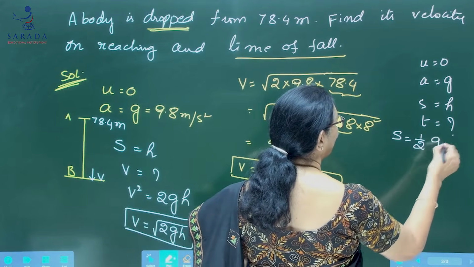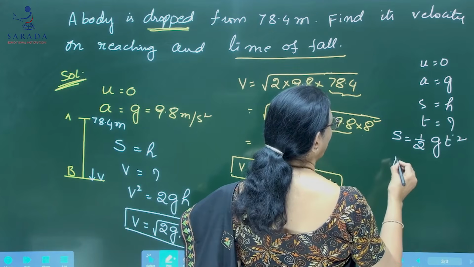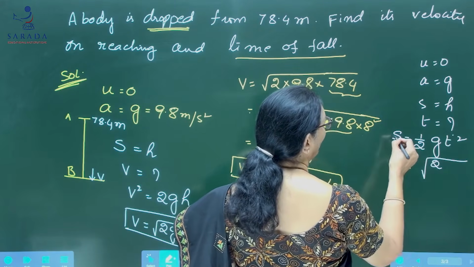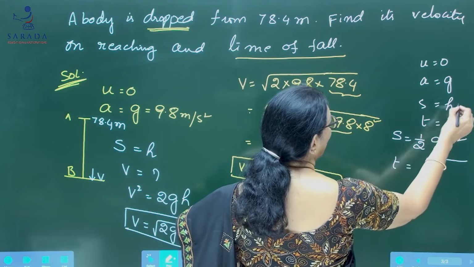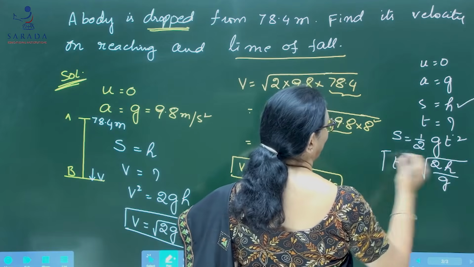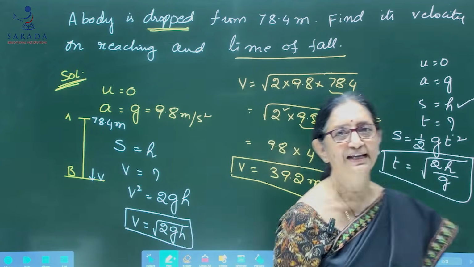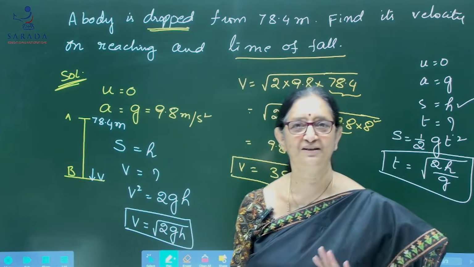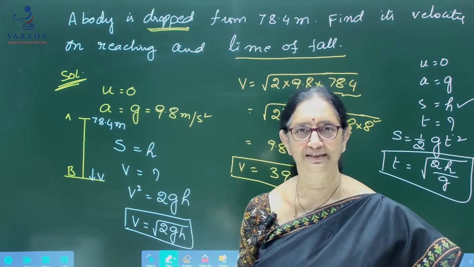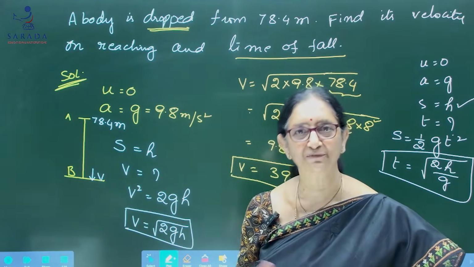Here in the free fall case, s is half gt square, from which t is equal to square root of 2s by g, but s is equal to h, so square root of 2h by g. Majority of the students, if I ask the question in the class, they just shout like anything: velocity on reaching the ground, root 2gh; time of free fall, square root of 2h by g.